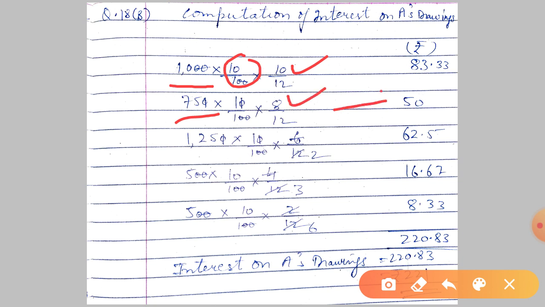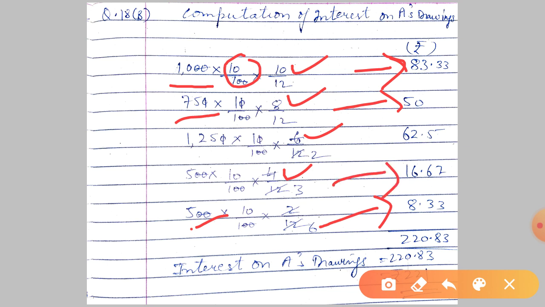Okay, so the amount is written here after calculation. Same way, the next drawing was made on 1st October, so 6 months. Same way, this drawing was on 1st December, so December, January, February, March, 4 months, and this one was on 1st Feb, so 2 months are remaining.